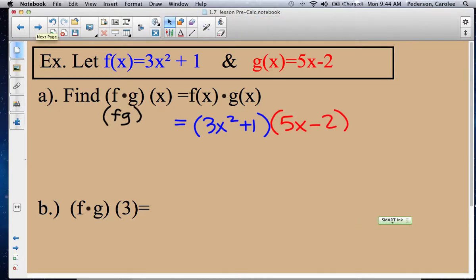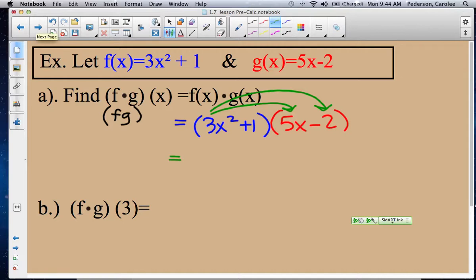So when I multiply these two functions, what do I need to do? What method do we call? FOIL. Yep, you have a binomial times a binomial, so we FOIL. So we're going to distribute that 3x squared to both terms in the red.